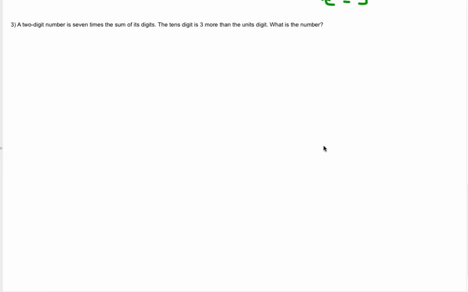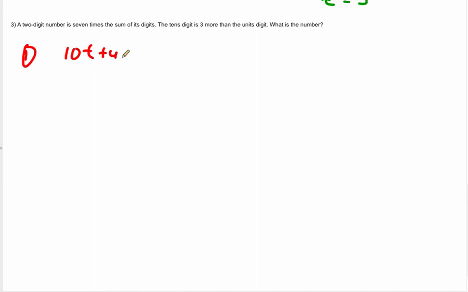Okay, a 2-digit number again is 7 times the sum of its digits. So this is going to use the exact same declarations, but the equations are going to look a little different, but it's still a direct translation. So equation 1, a 2-digit number, and we already know the number from the previous declarations is 10t plus u.